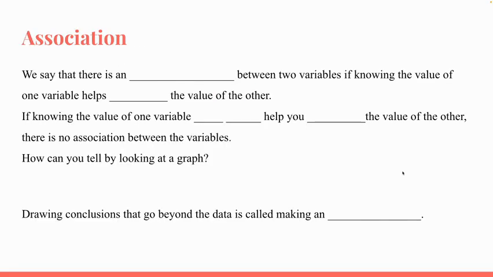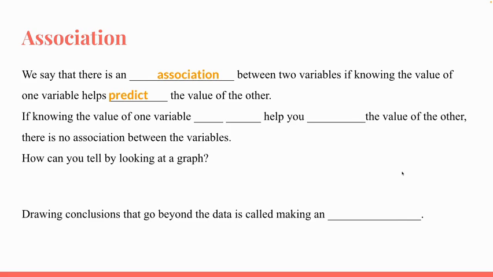So let's answer the questions. We say there is an association between two variables if knowing the value of one variable helps to predict the value of the other. So knowing their age, does that predict or help us predict what kind of phone they have? I think we can take a pretty good guess.